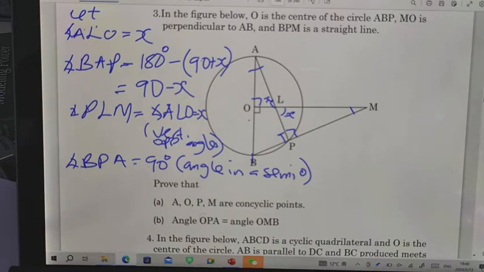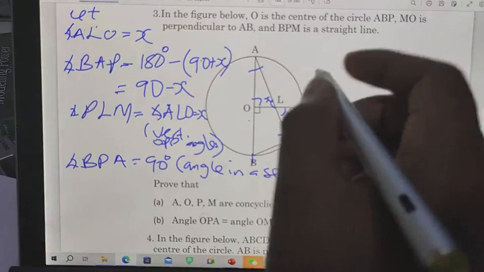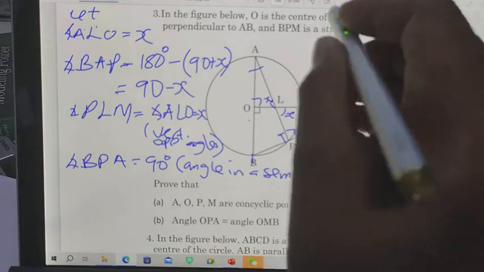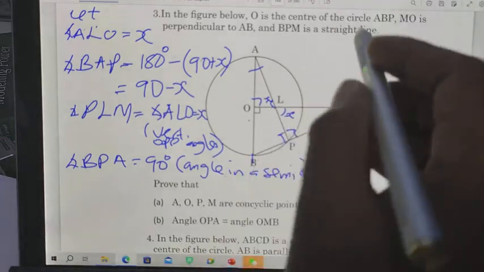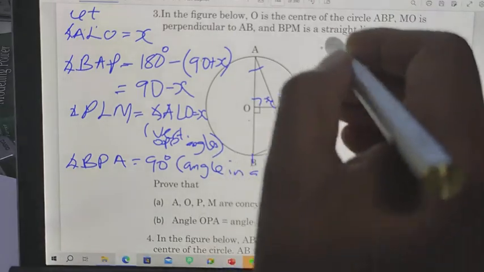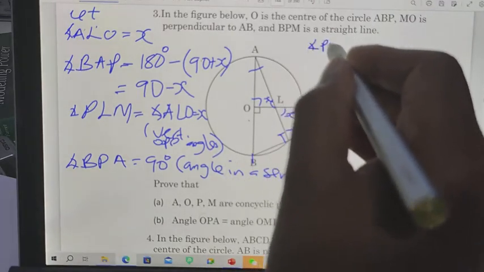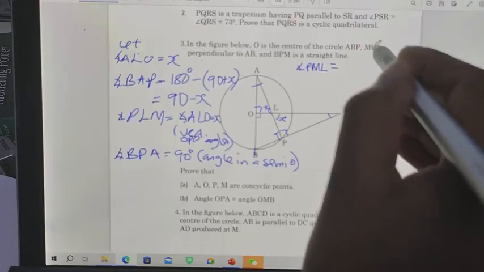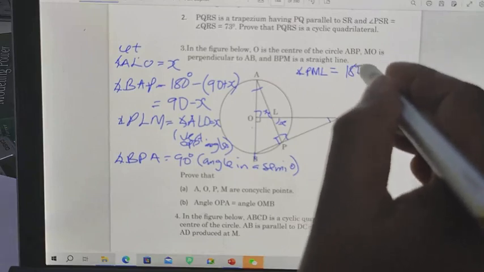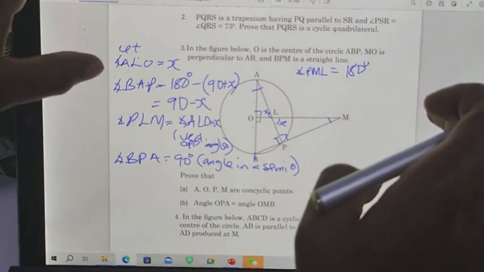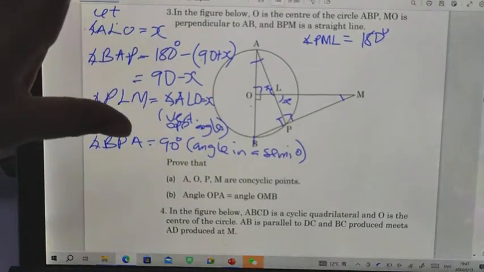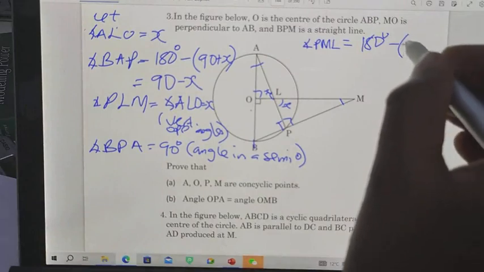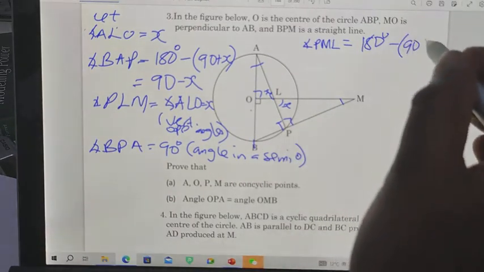Now let's move from here to there. Then you will say that angle PML is equal to 180 degrees minus (90 plus x).